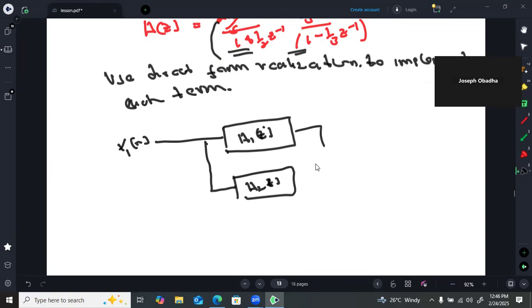Then you add the outputs. You bring the outputs Y1(z) and Y2(z), let them join there. Then you get your combined output, Y(z).